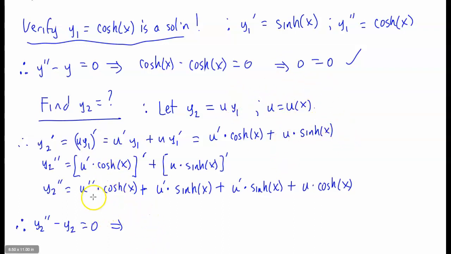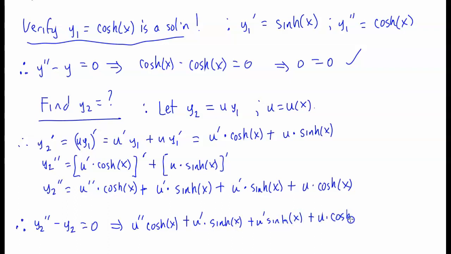So here, let me go ahead and rewrite all of this. Got that. And then, of course, minus what y2 is, which is just u times y1, which is cosh x.